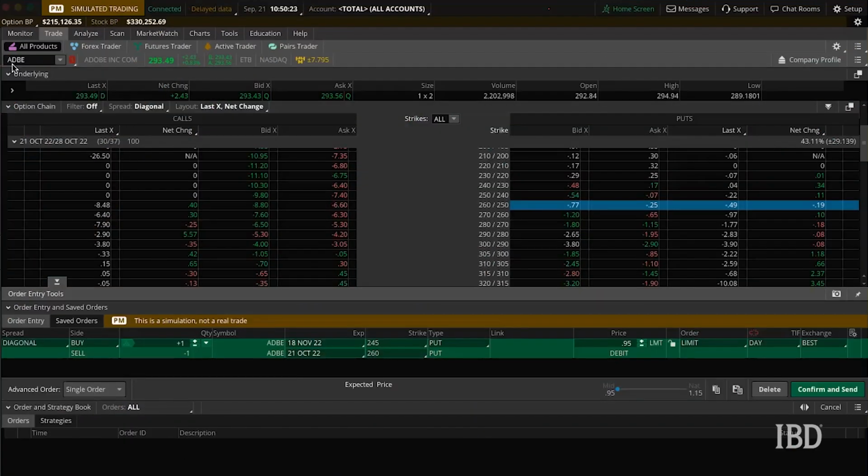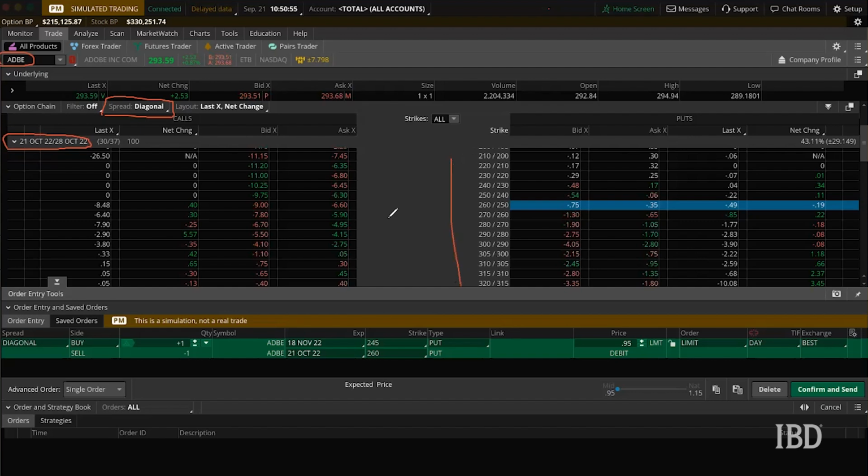So to set up this trade, first make sure you're in ADBE, ticker symbol for Adobe. And if you are on Thinkorswim, you can select diagonal as your spread type here in this box, which will make it a little easier to set up the trade. Now, you're going to want to make sure at least one of your expiration dates in the expiration date drop down here that you choose is October 21st, 2022, and then you can adjust this other date here down below.